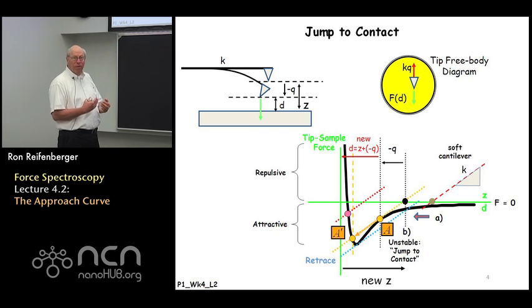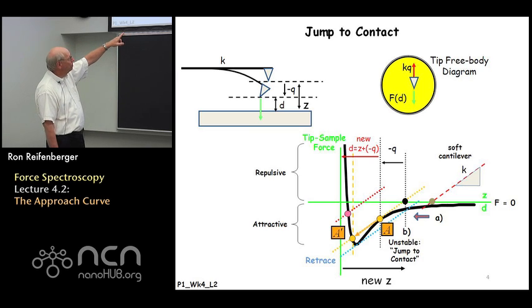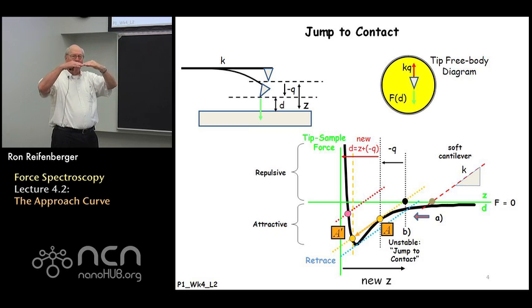Once the tip has jumped into contact with the substrate, the tip is now located at the D position given by A prime. You can continue to adjust the sample with respect to the cantilever. You can move the sample closer to the cantilever.